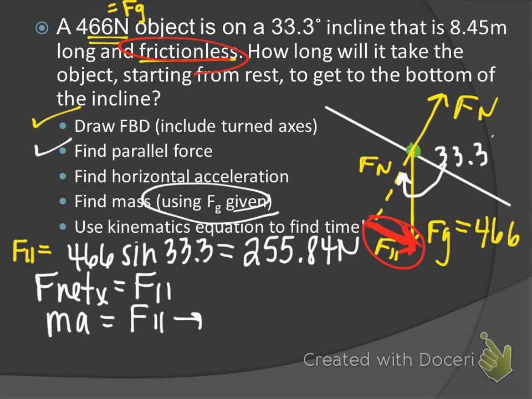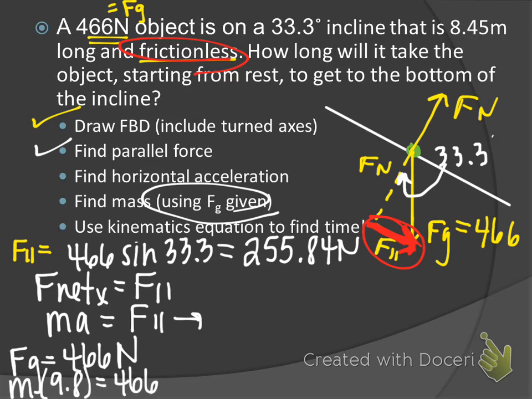We find the mass using F sub g that's been given to us. If we know that force due to gravity is equal to 466 newtons, we know that F sub g is equal to mass times 9.8 equals 466. So I'm going to take 466 divided by 9.8 to get the mass of this object in kilograms, 47.6 kilograms. Now I can use this mass in our net force equation.